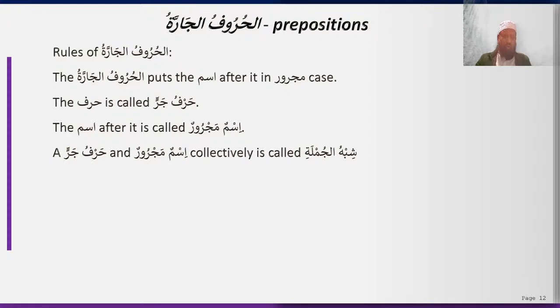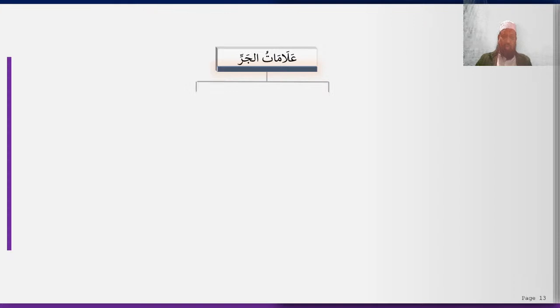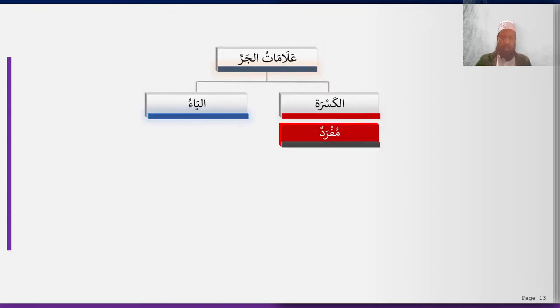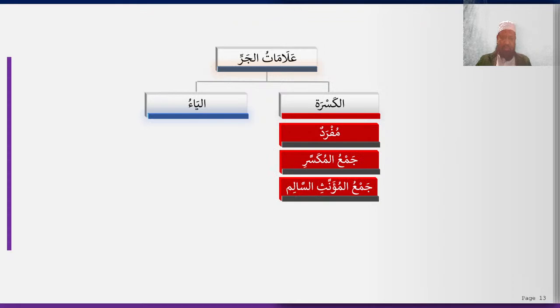The rules of حروف الجر, as we've learned: حروف الجر puts the ism after it in the majrur case. The harf is called حرف جر. The ism after it is called اسم مجرور. A حرف جر and اسم مجرور collectively are called شبه الجملة. If we look at the علامات الجر, kasra and ya, these are for the isms.